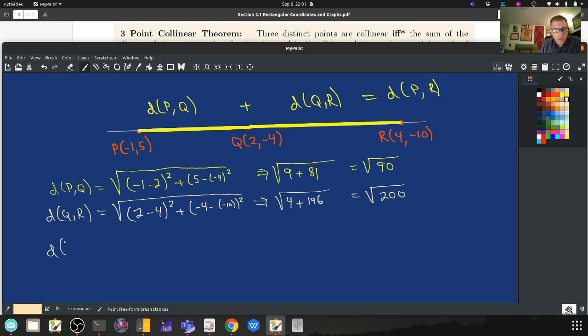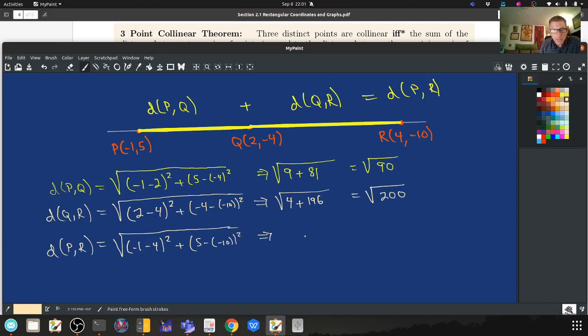So now we want to find the distance of P and R. So that's the difference in their x values squared, and then the difference in their y values, minus a minus 10, don't forget that, squared.